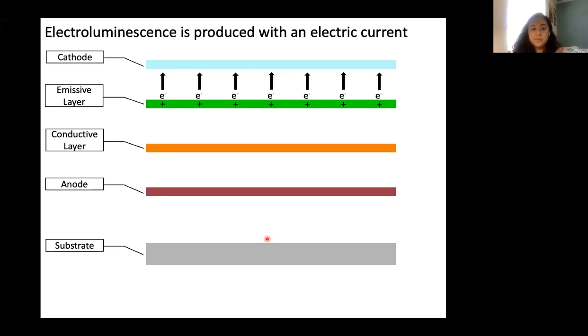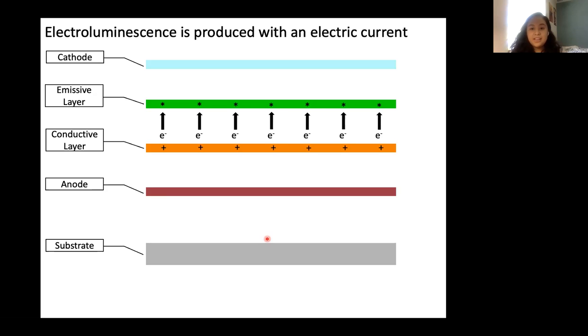Once the electrons have been moving up, there are holes that are created. These holes are just the absence of an electron in these conductive or emissive layers. The absence of the electron will pair up with the electron in a process called recombination. And in the recombination process, photons will be emitted.